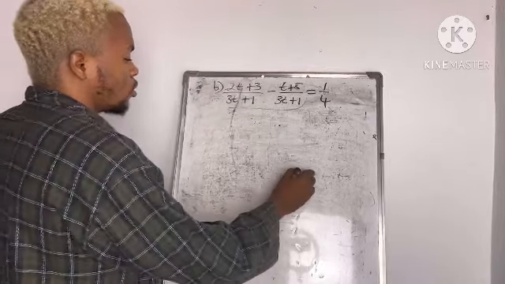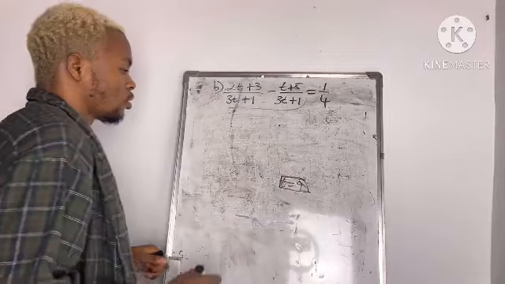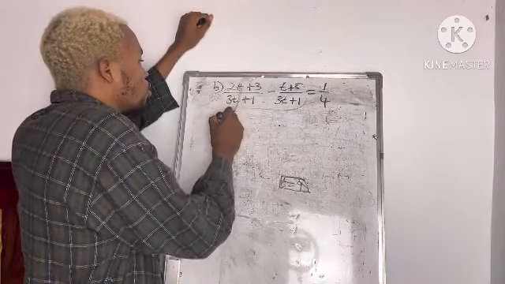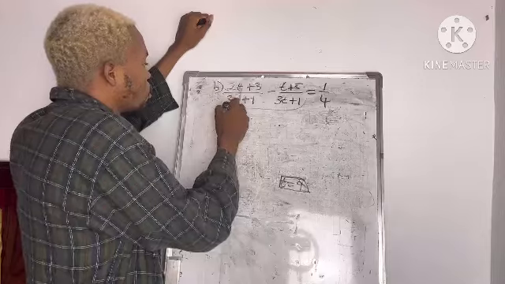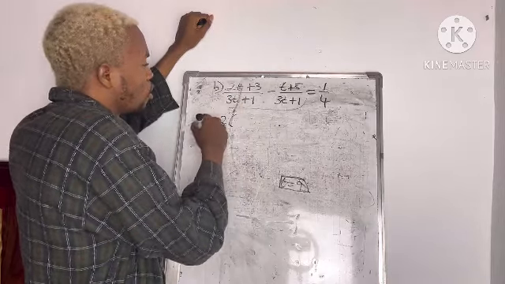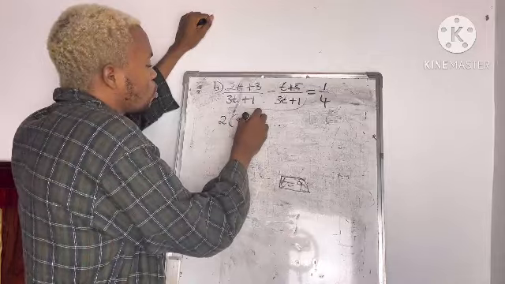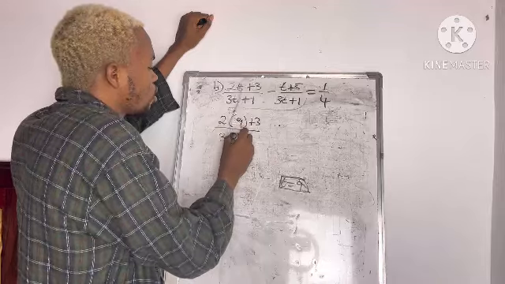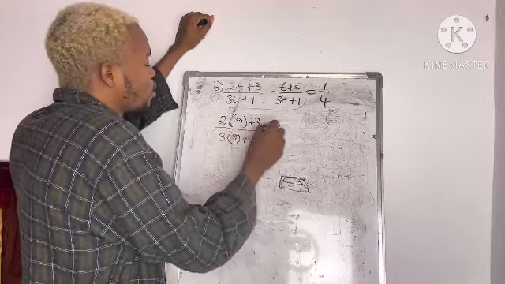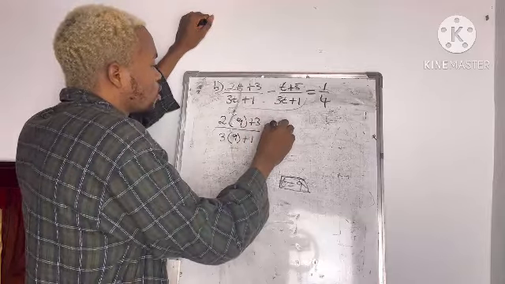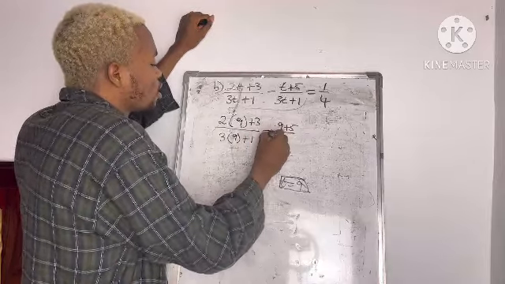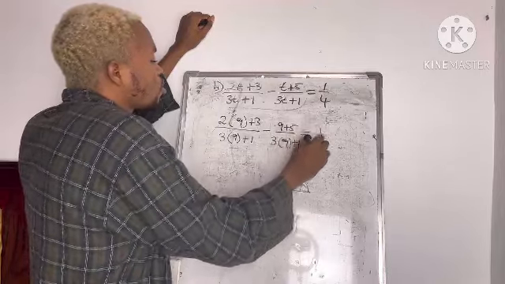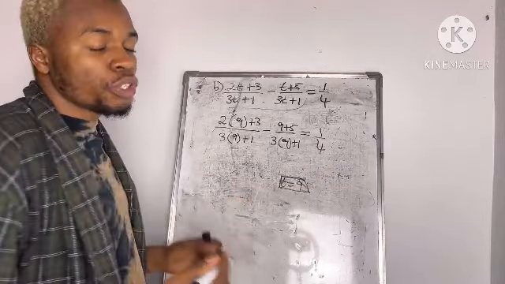So we have (2 times t, which here is 9, plus 3), all this divided by (3 times t, which is 9, plus 1), minus (t, which is 9, plus 5) all over (3 times 9 plus 1), and we are expecting this to give us 1/4, but we don't know.